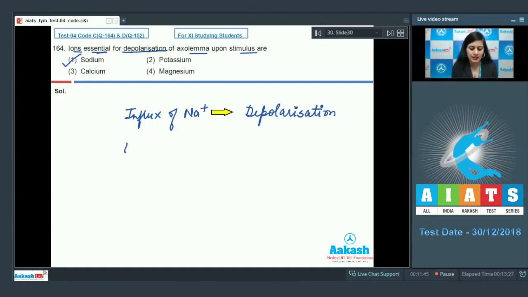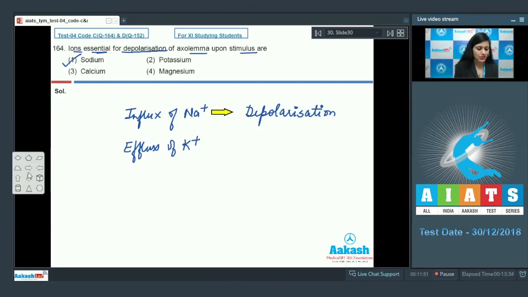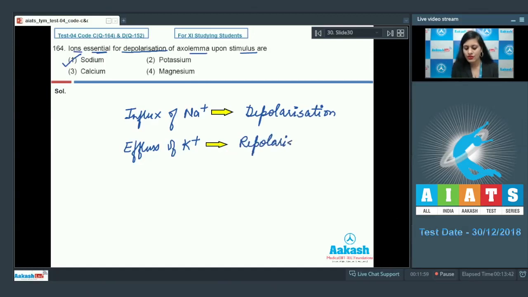On the other hand, efflux of potassium ions through voltage-gated potassium channels is responsible for the repolarization of axolemma. So the correct answer is option number 1.